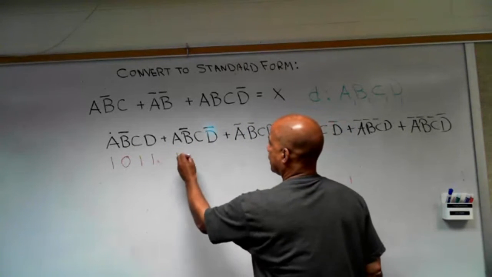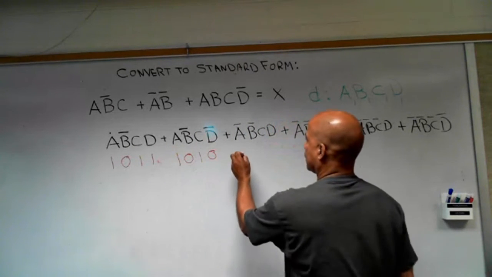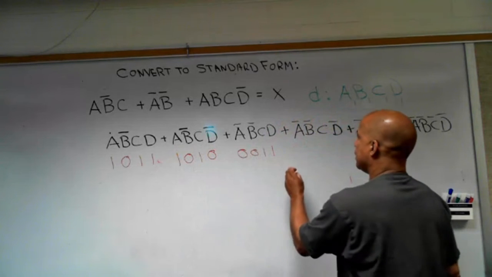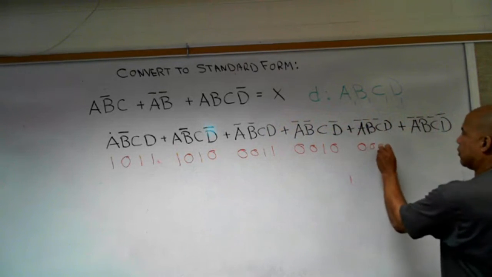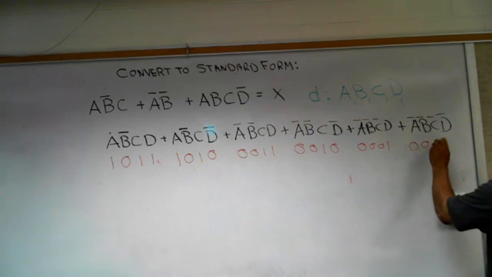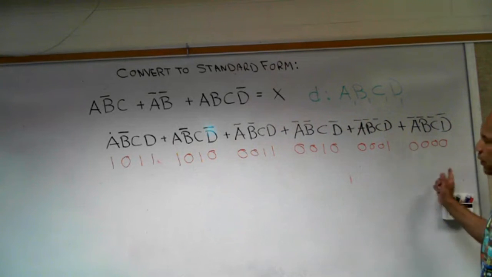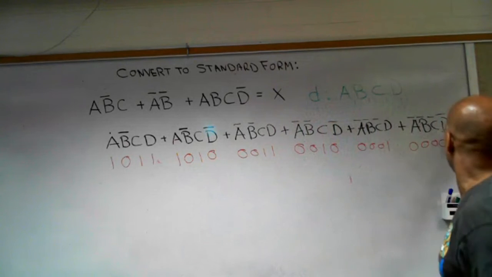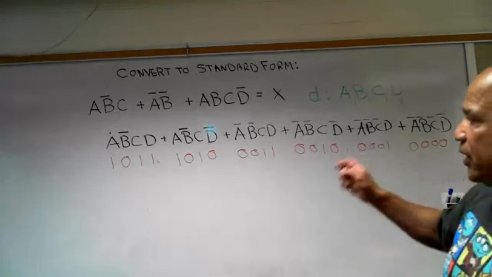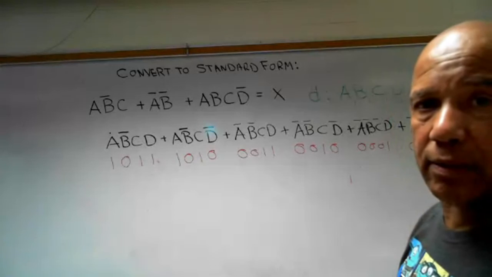This is a 1, 0, 1, 0. This is a 0, 0, 1, 1. This is a 0, 0, 1, 0. 0, 0, 0, 1. 0, 0, 0, 0. So you put those values into those expressions, and then any individual term would equal 1.